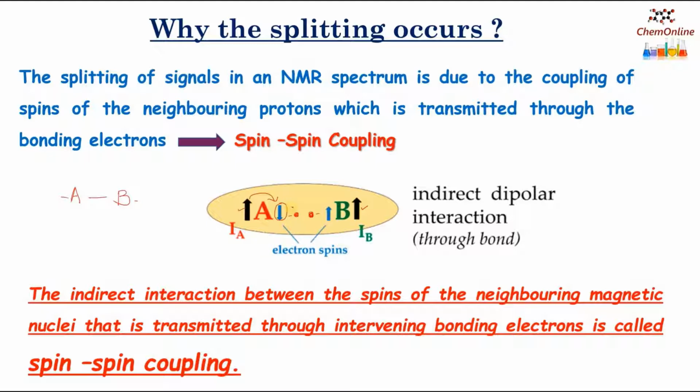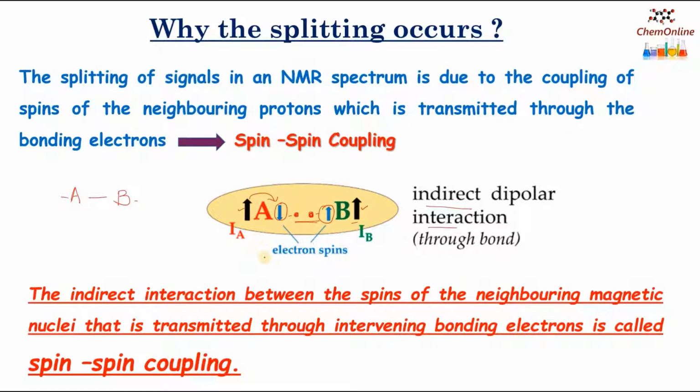So this will affect the spin of another bonding electron, which is then transmitted to the spin of the next proton. That means there occurs an indirect spin interaction between proton A and proton B, and that is taking place through the bonding electrons.